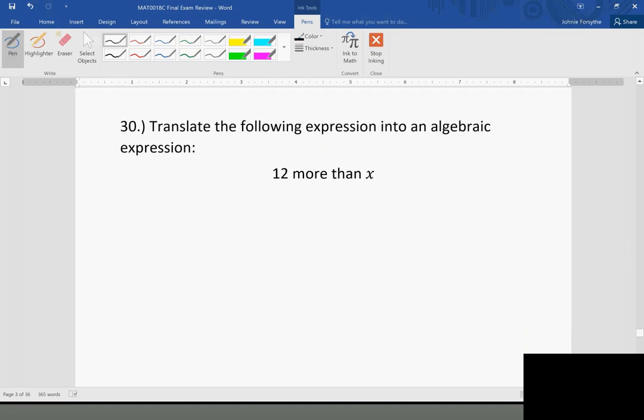All right, number 30. Translate the following expression into an algebraic expression. 12 more than x. So 12 more than x would be 12 plus x. You could also, because addition is commutative, say x plus 12.